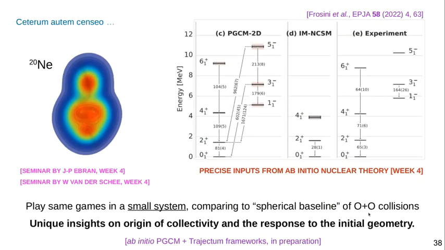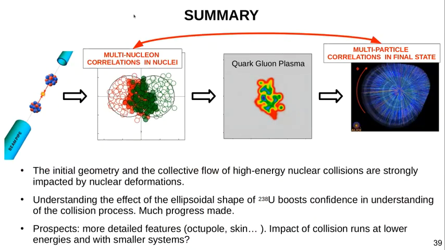I think this is my last slide. So I will just summarize. I think it's very exciting that we can now very confidently say that many-nucleon correlations in nuclei leave an imprint in multi-particle correlations in the quark-gluon plasma, and we want to understand everything consistently.